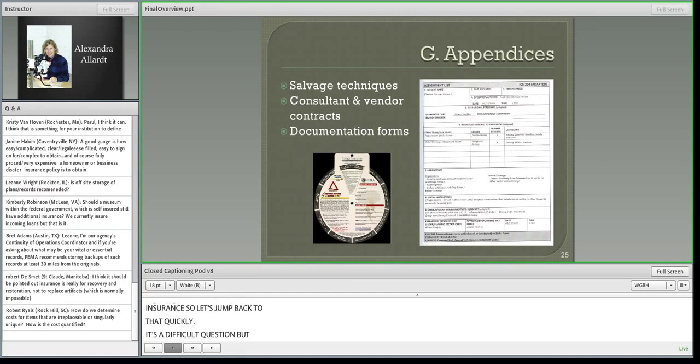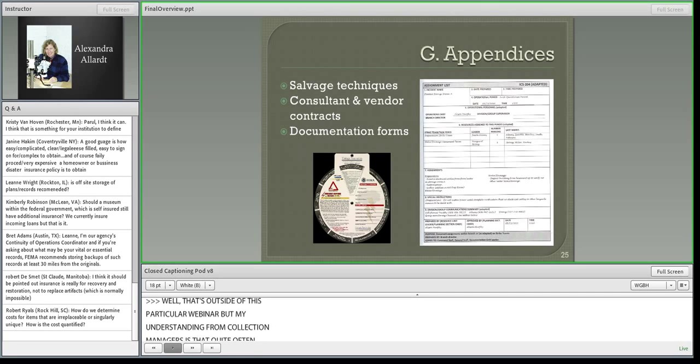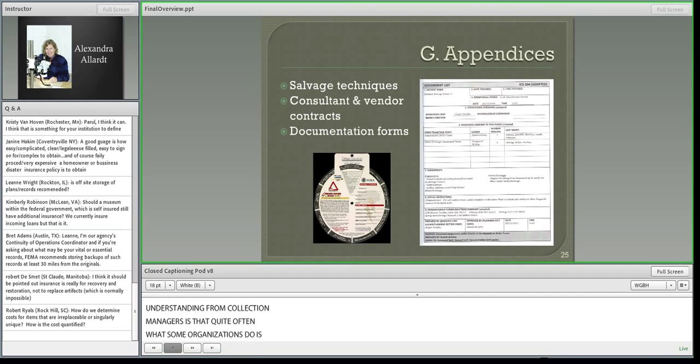Well, that's outside of this particular webinar, but my understanding from collection managers is that quite often what some organizations do is have a blanket policy. They take maybe the value of the top 10 items they have in their collection, and they create a policy that will cover that amount of money.